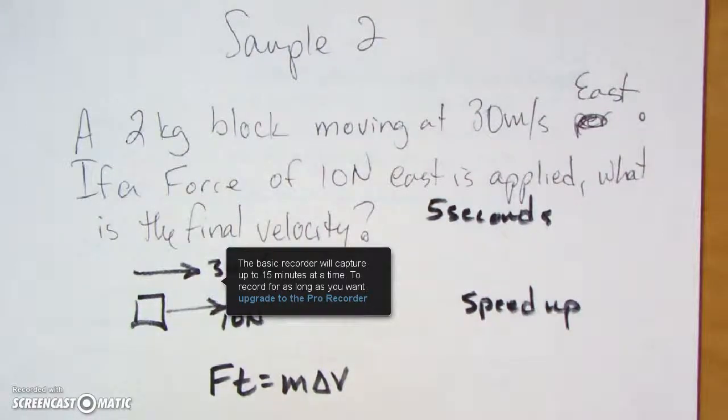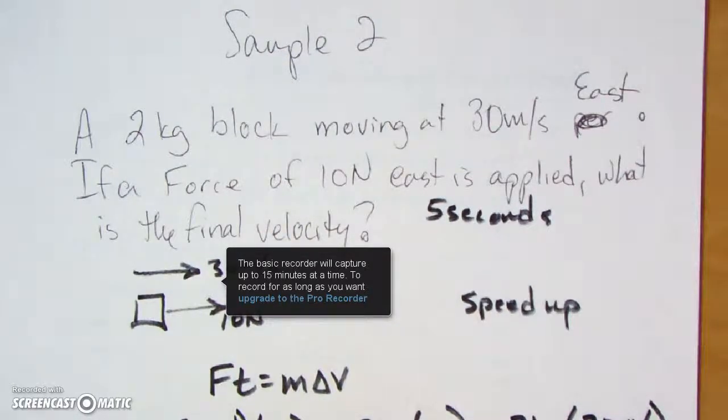We know that Ft is going to be 10 newtons times 5 seconds. That's going to equal the mass of 2 kilograms times vf minus 2 kilograms times vi, which is 30 meters per second.